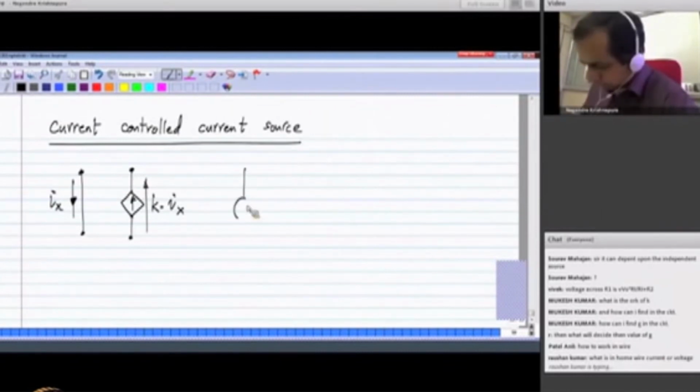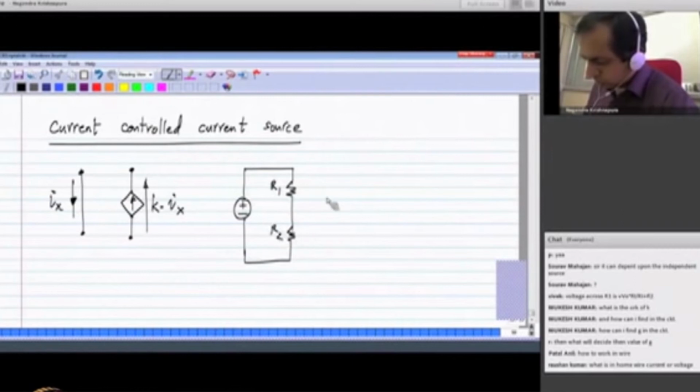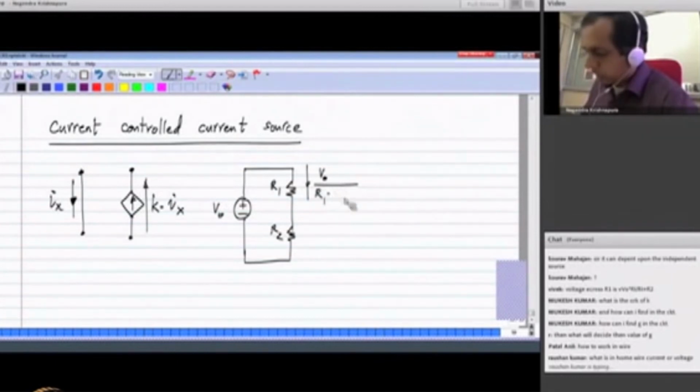I will yet again take my voltage divider example. R1, R2. The current flowing here is V0 divided by R1 plus R2, if this voltage is V0.